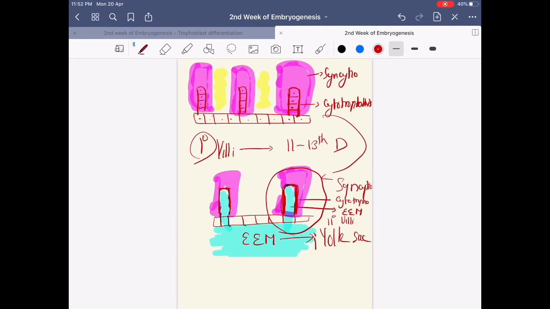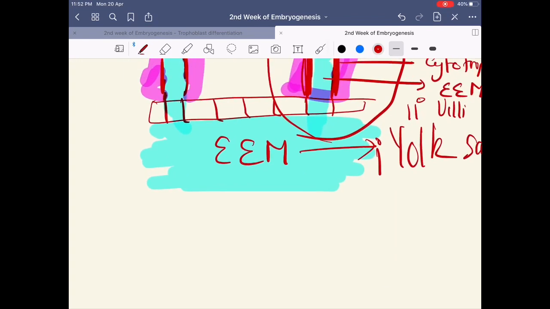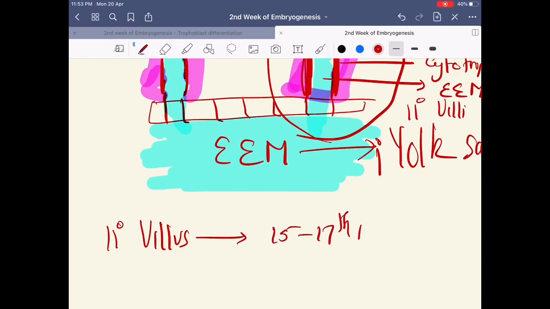And when is the secondary villus formed? The secondary villus is formed during the 15th to 17th day of fertilization. So on average you can take it as day 16. Now what is the 16th day?